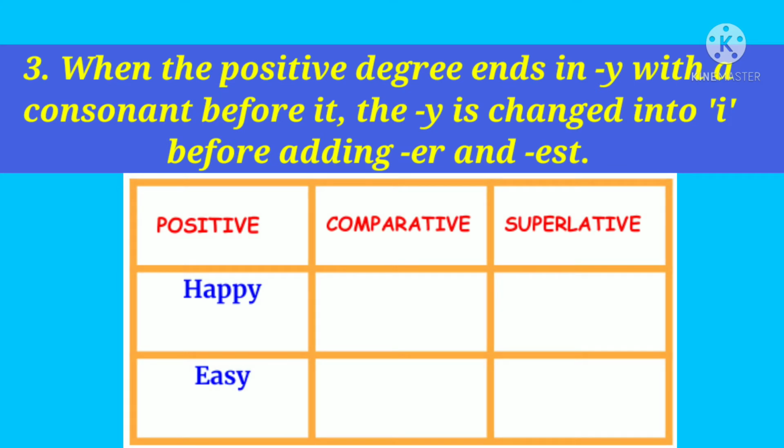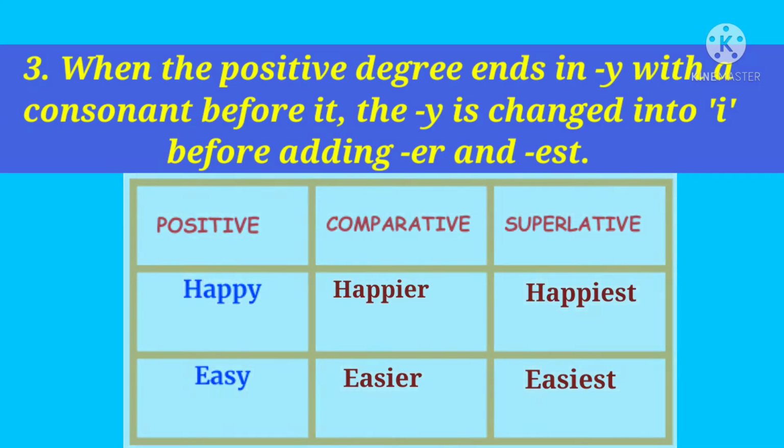As the positive degrees end with y, here we will remove y and add i before adding er to the comparative degree and est to the superlative degree. So the comparative degree of the adjective happy will be happier, and the superlative degree will be happiest. In the same way, the comparative degree of the adjective easy will be easier, and the superlative degree will be easiest. Alright.